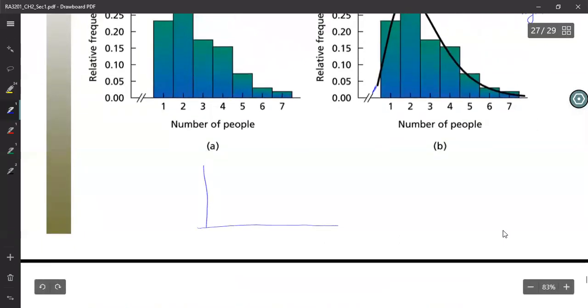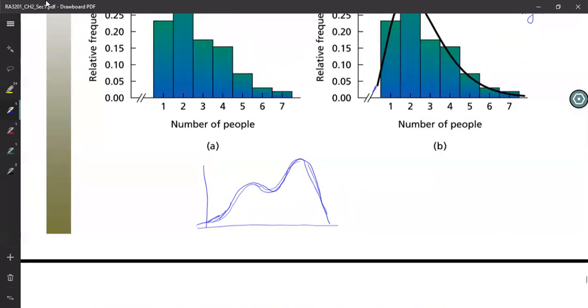But if you have a graph like this, can you explain this distribution? Can you explain this distribution shape? How do you explain this one? So you can say two things. You can say things about the number of peaks and then the symmetry. Okay.